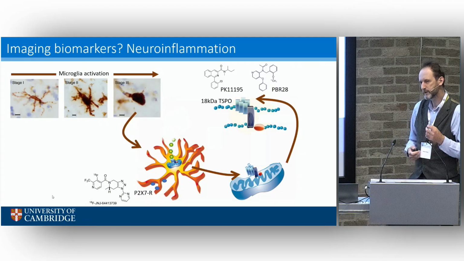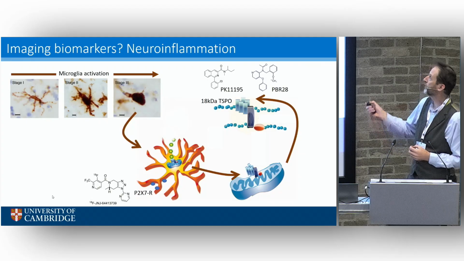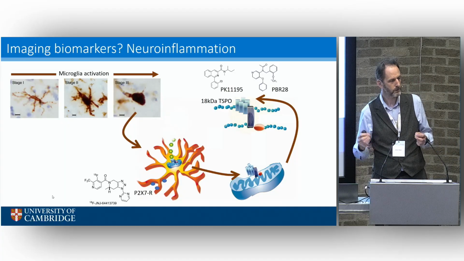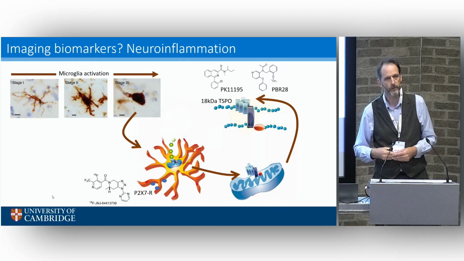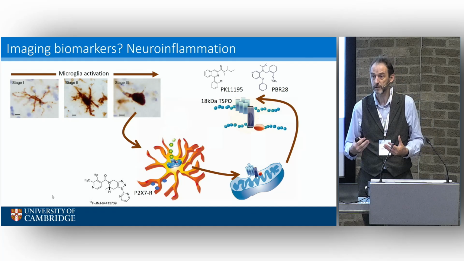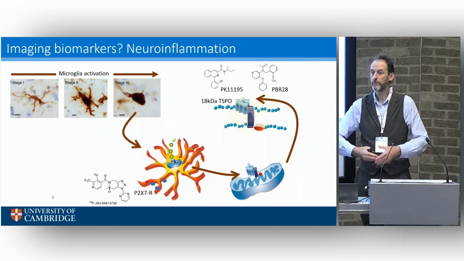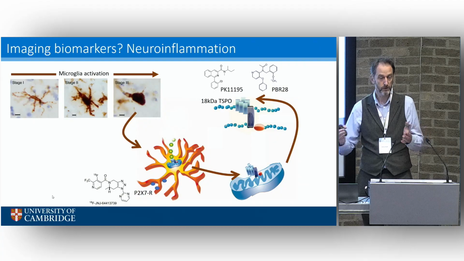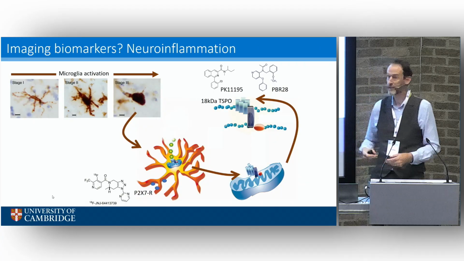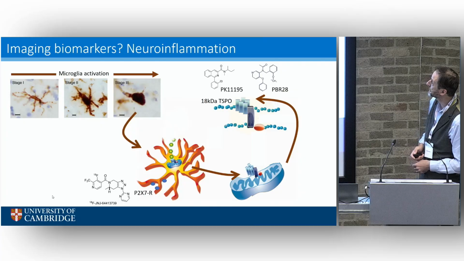The signal to noise isn't quite as good as with some of the second generation ligands, but it's very consistent between individuals, whereas the second generation ligands, which have higher signal to noise, also have genetic polymorphisms that affect the affinity, the net result of which is that for every bit you gain in signal to noise, you lose about a third of your patients because they have the genetic polymorphism, so you actually lose out, especially with rare diseases.